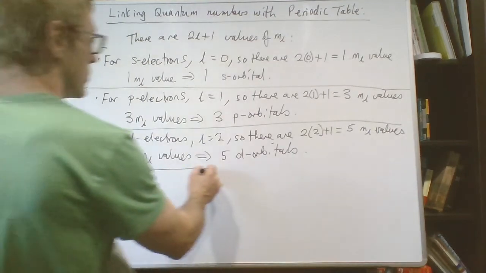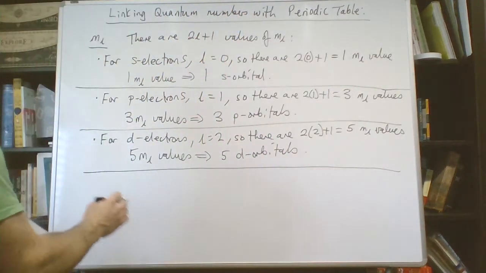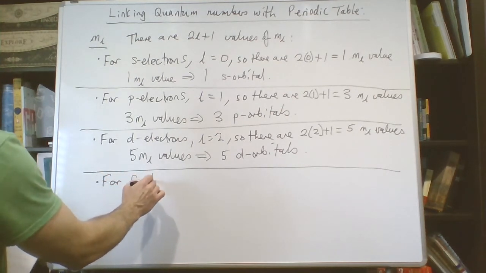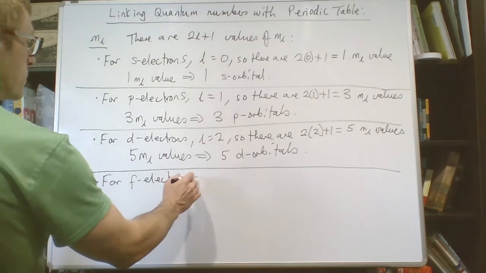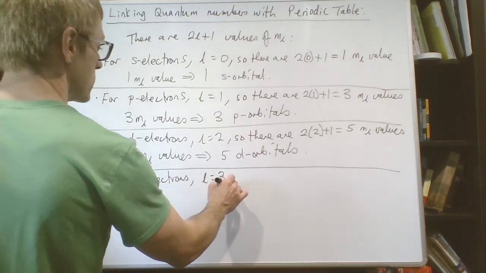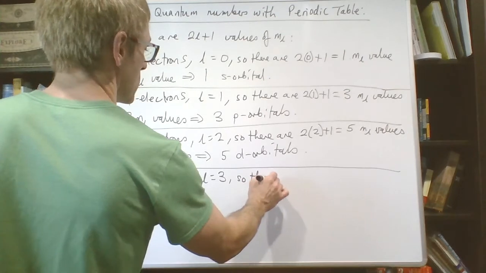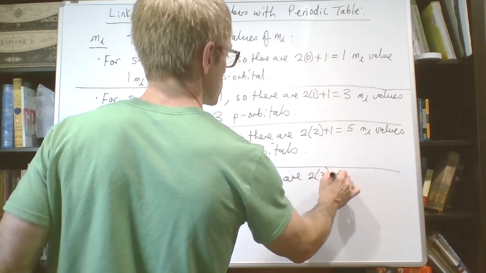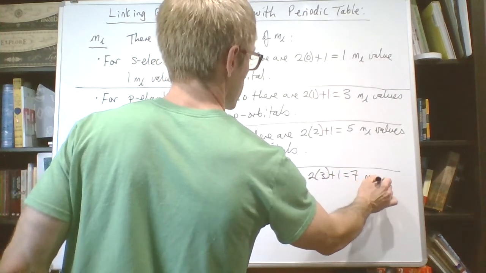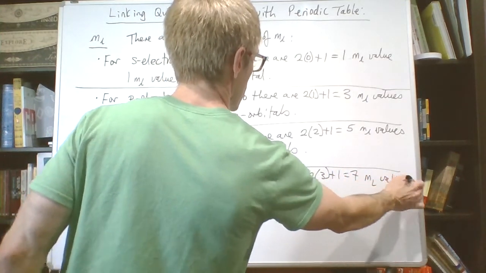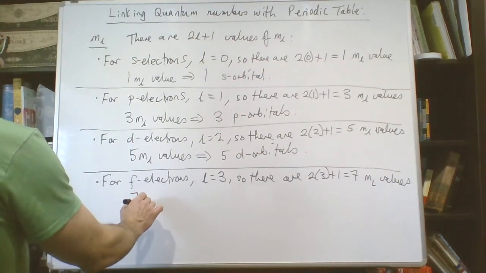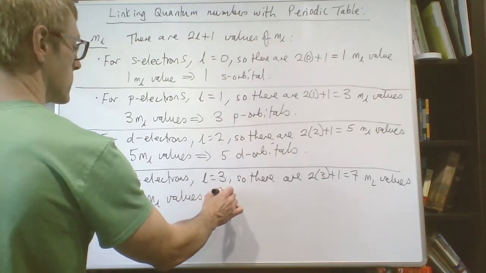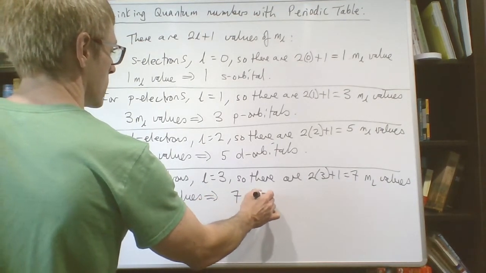And then to conclude the periodic table, we have f electrons. So for f electrons, L is 3. So there are 2 lots of 3 plus 1, which is 7 ml values. And those 7 ml values imply 7 f orbitals.